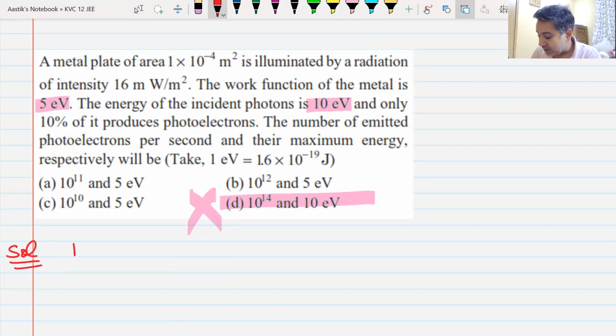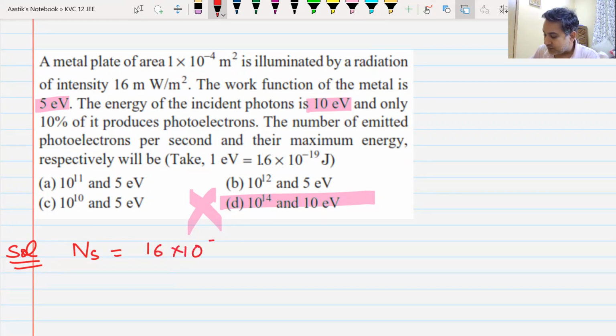You have to find out the number of photons falling per second. How many photons are falling per second? How will you get that? So you first find out what is the total energy falling per second.